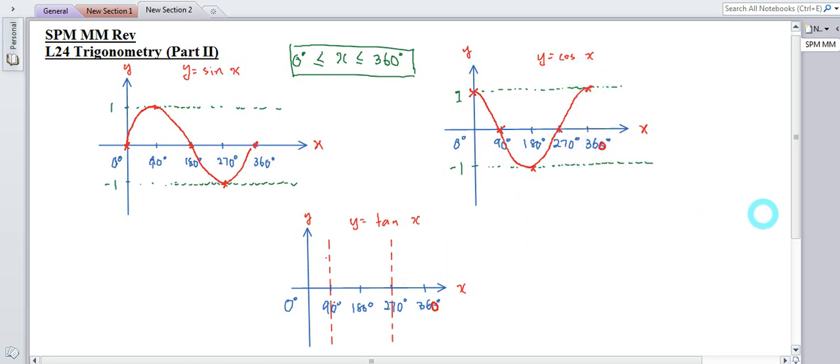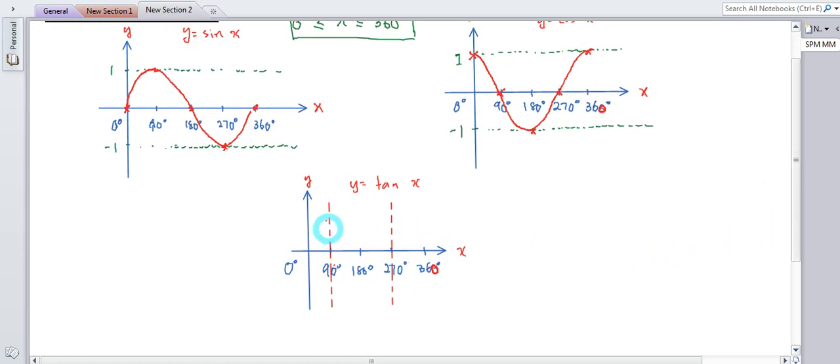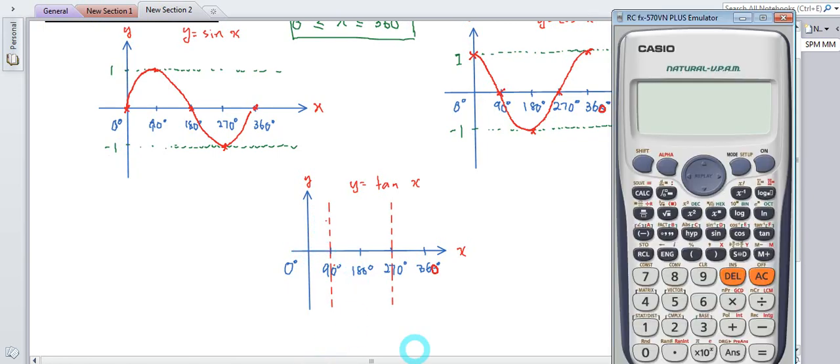Okay, last one we go to tangent x. So tangent x, we have the asymptote, which the graph cannot touch here. Okay, so if you forget, you can just press the calculator. Wait, sorry. This is tangent. Tangent 90. Okay, when you get math error means that the graph cannot touch here. You can press tangent 270.